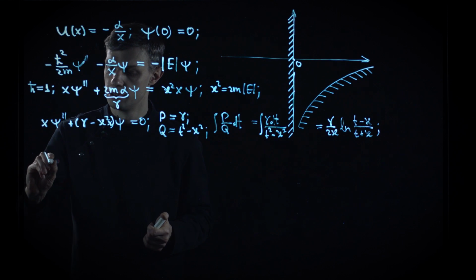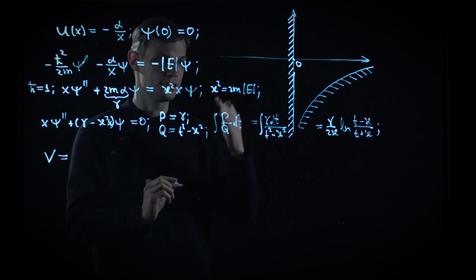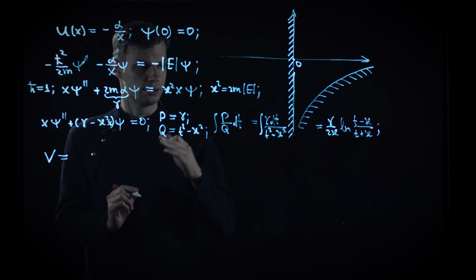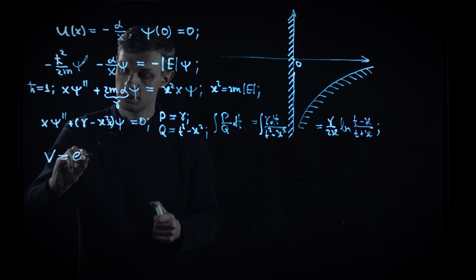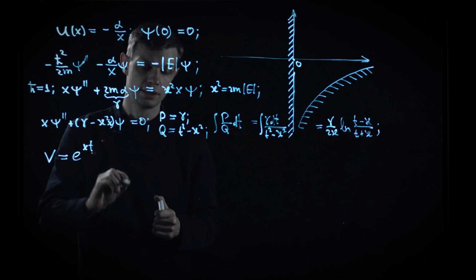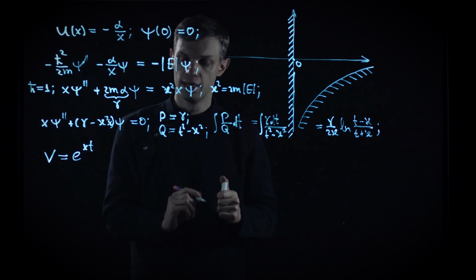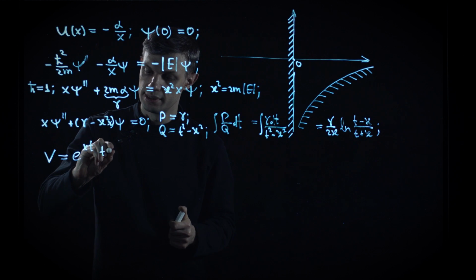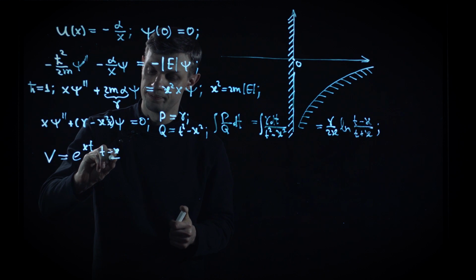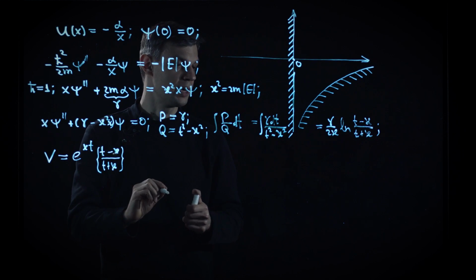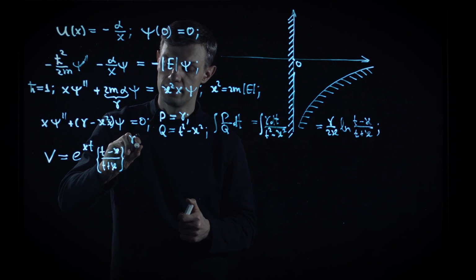So first of all, the v function, which defines the position of the contour in the complex plane. The v function is simply e to the xt times e to this integral, right? So it's simply t minus kappa divided by t plus kappa to the power of gamma over 2 kappa.